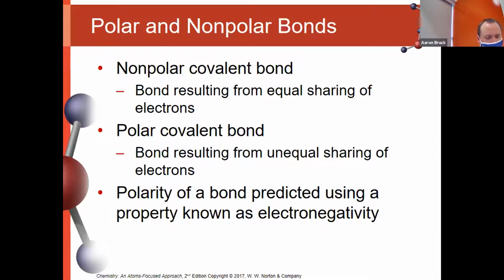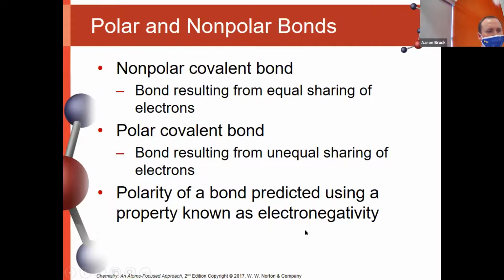So polar bonds are by far more common. But the ability to form a polar bond, the ability to attract electrons to oneself in that bond, comes down to a property known as electronegativity.